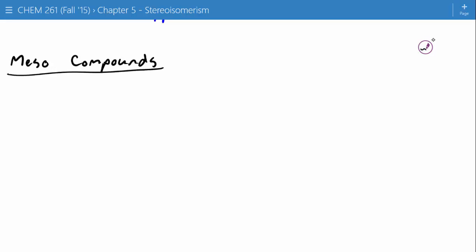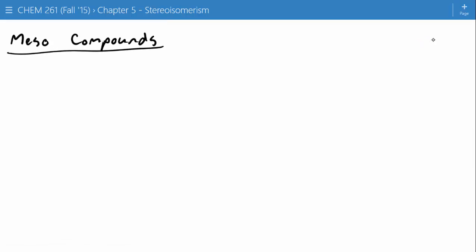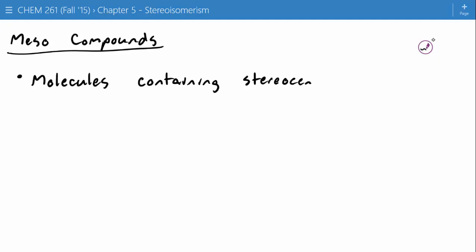Meso compounds. They're molecules containing stereocenters that are superimposable.